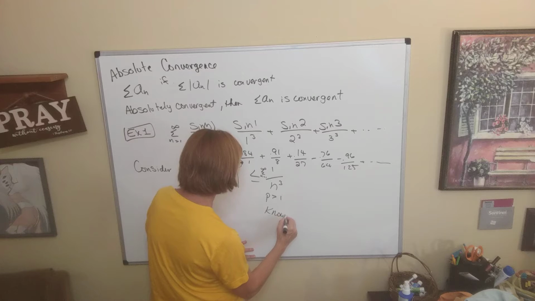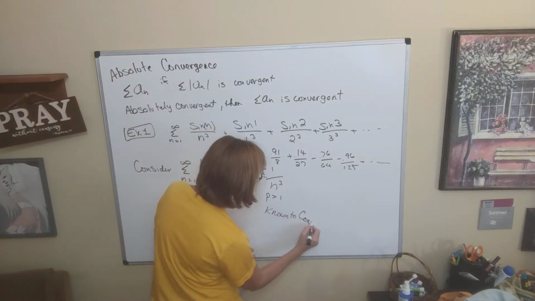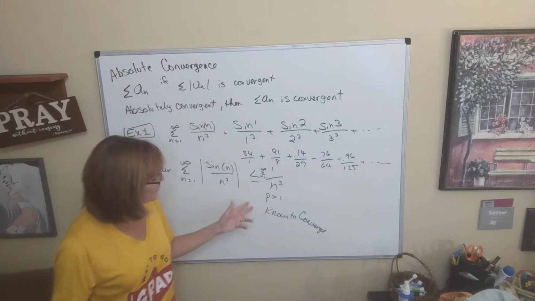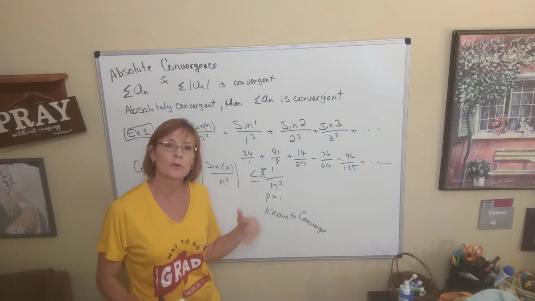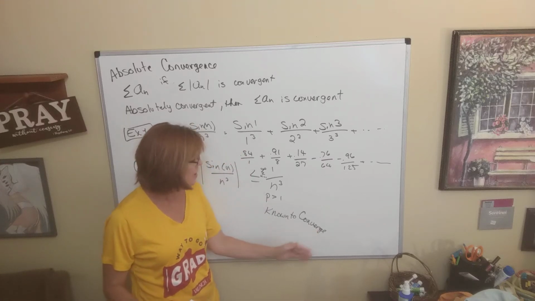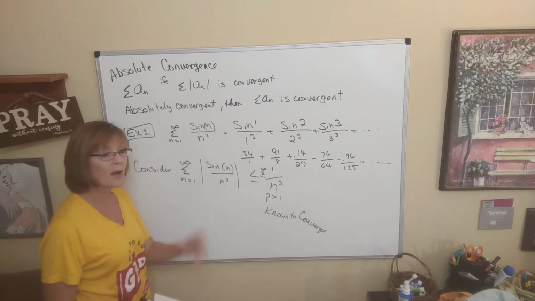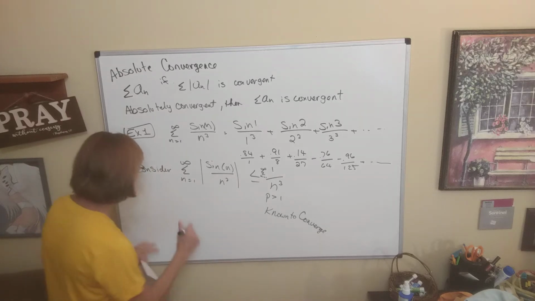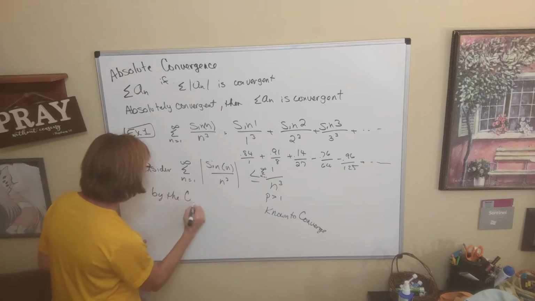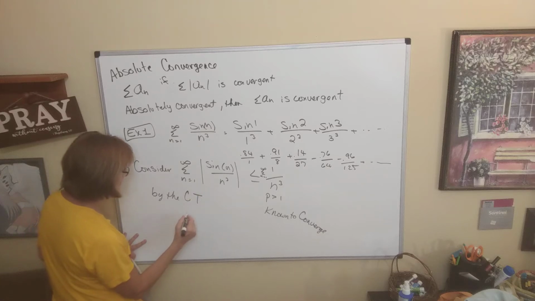This is known to converge. I wonder what I just said, that was all wrong. If p is greater than 1, this series will converge, and so this is a known series that will converge. And so all of these terms are less than or equal to that. So by the comparison test, the absolute value of this series converges.